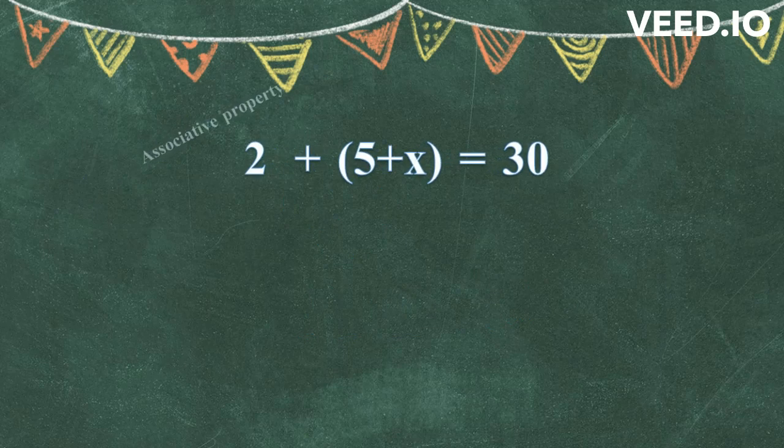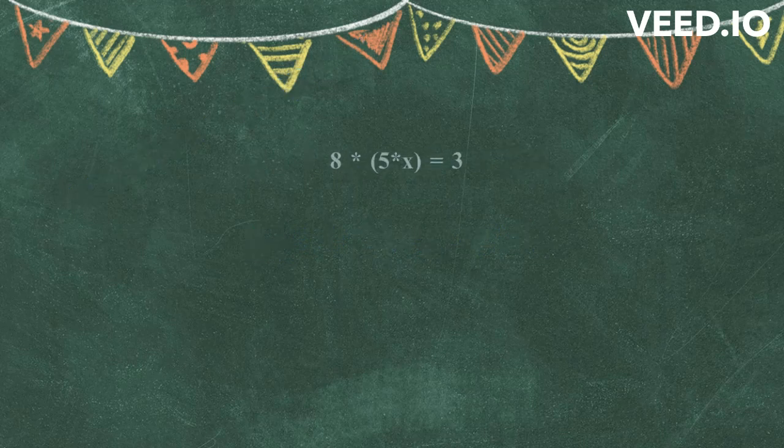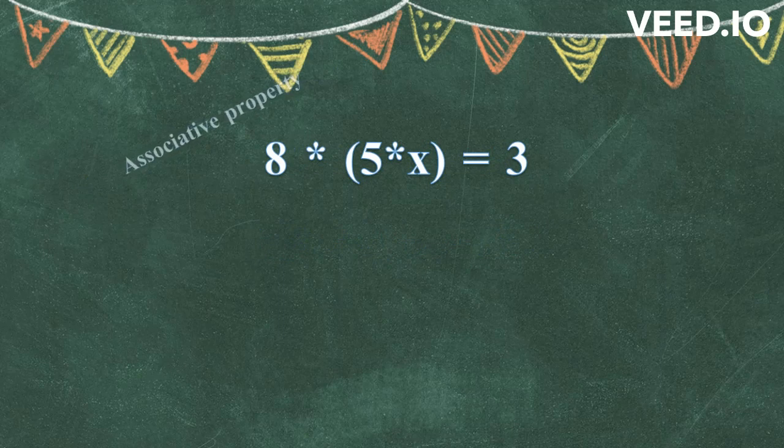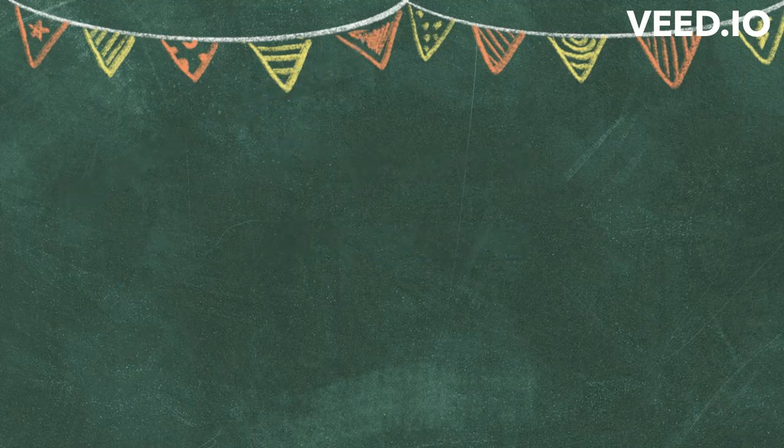Then 2 plus (5 plus x). We have associative property here, which means we can rearrange the grouping to put 2 plus 5 together. We have one more example here: 8 times 5 times x equals 3. Using associative property, we can regroup 8 times 5 times x equals 3.